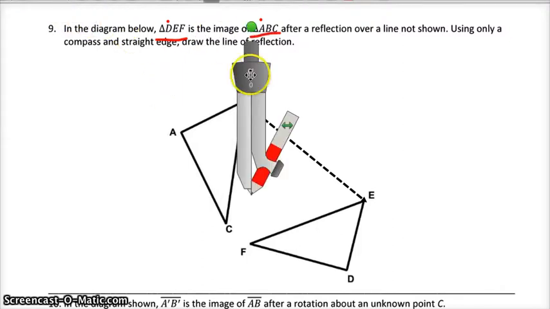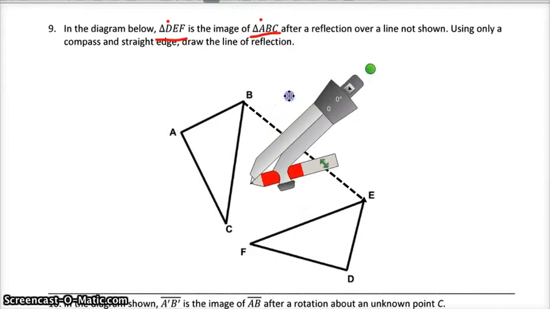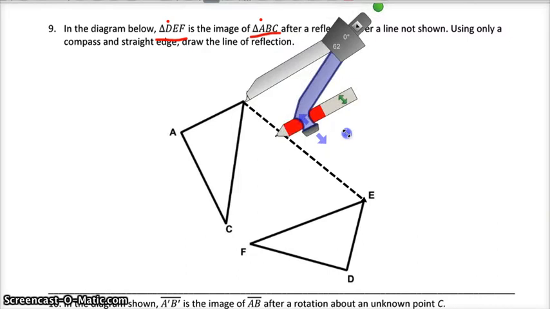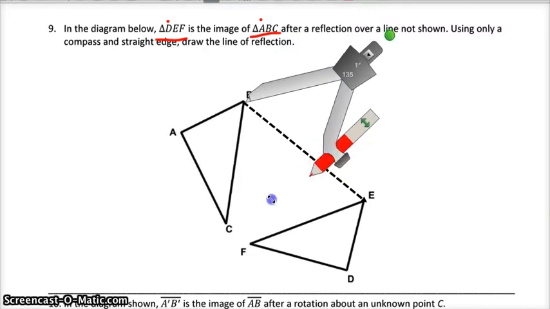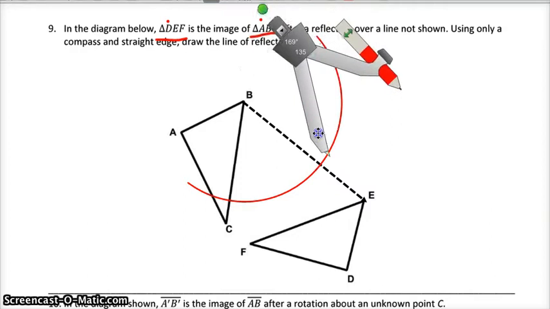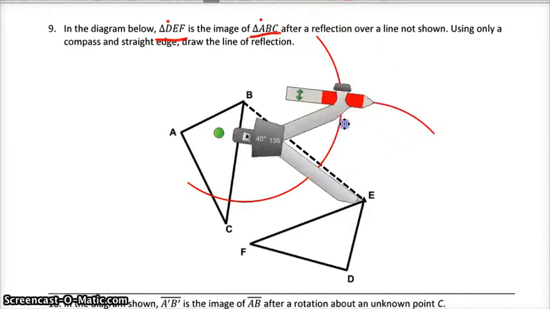But our construction is the same exact thing that we saw on the last one, perpendicular bisector. We start at B, more than halfway, make an arc, pick up your compass, put the point at E, and use the same length.